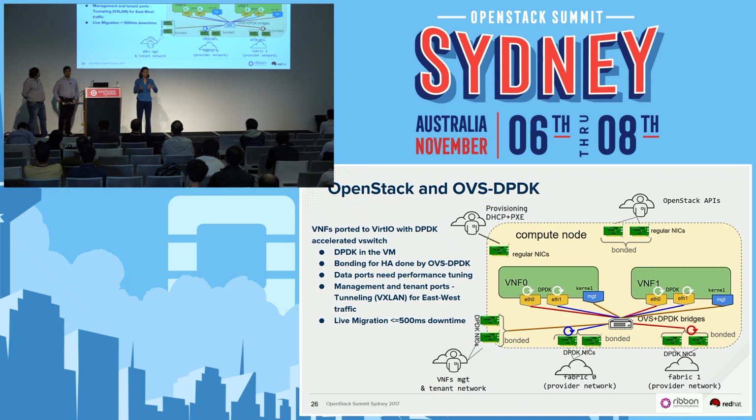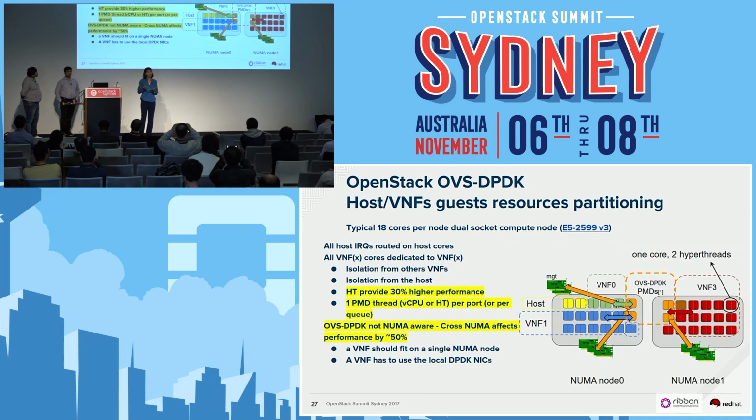And on top, you have regular NICs for the OpenStack API, and NICs for install purposes. So this enables you to have live migration, and there are enhancements going in for that, as well as VXLAN east-west tunneling. And your bonding is now done by your OVS DPDK vSwitch.